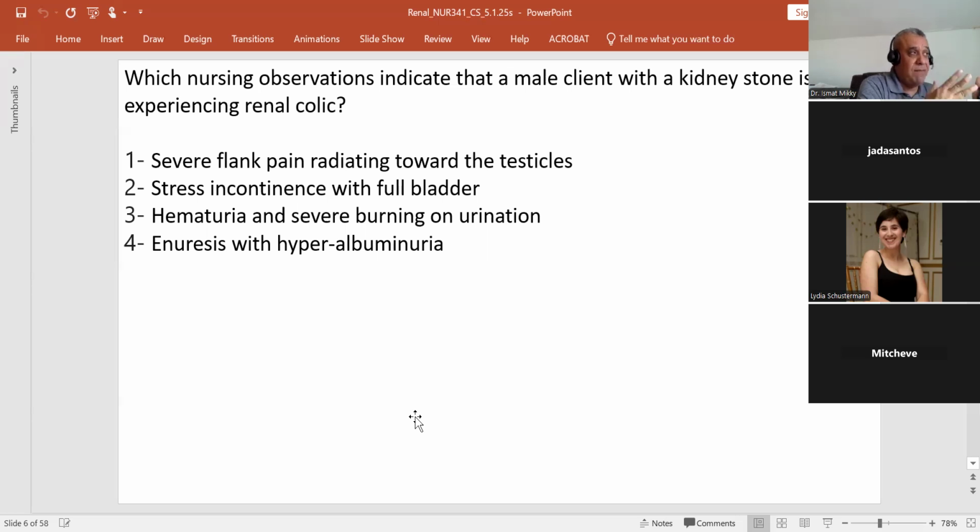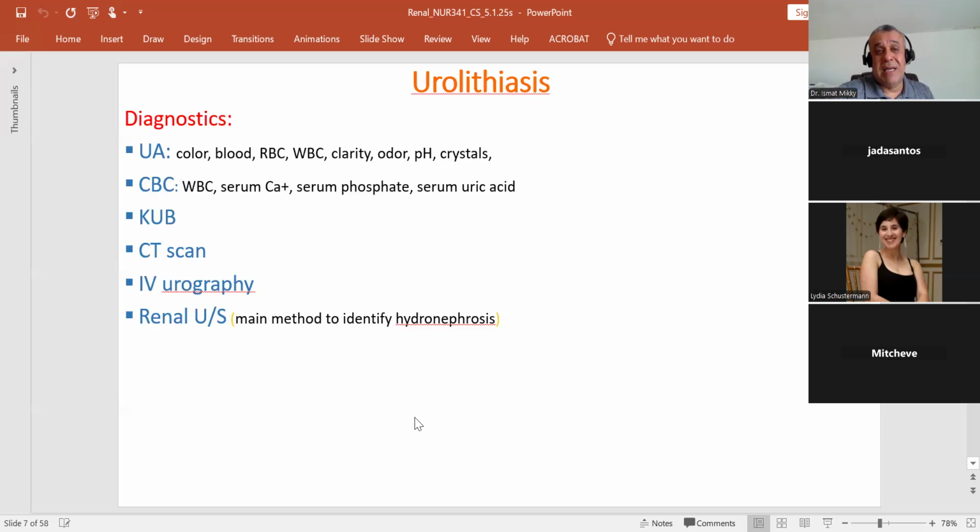As mentioned earlier, the patient may also exhibit nausea and vomiting, pallor, and diaphoresis during the acute pain episode. Stress incontinence is not associated with renal colic. Hematuria and burning on urination are associated with UTI. The patient may develop hematuria at some point, but most of the time it's when the stone moves down the ureters.